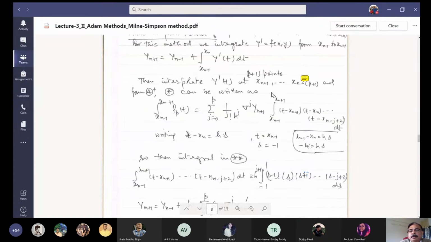The only difference in the Milne-Simpson method is that it is from x_{n-1} to x_{n+1}, and then the products are there, because here we have started from x_{n+1} to x_{n-p-1}.